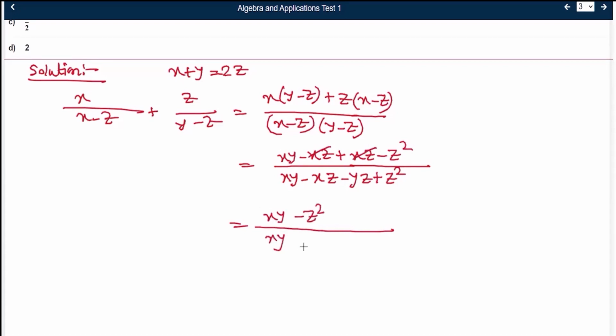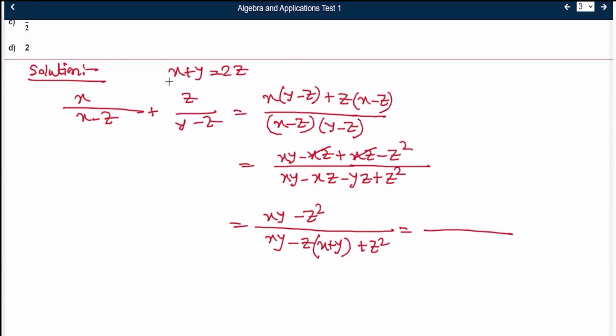And in the denominator we can take common minus z from both the second term and the third term, and it would become x plus y, plus z square. So now we can see that we got the expression of x plus y.